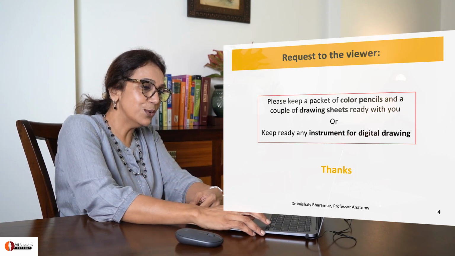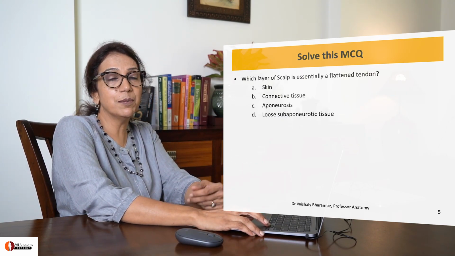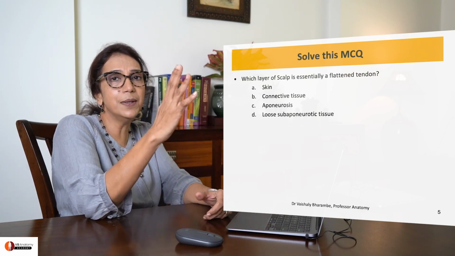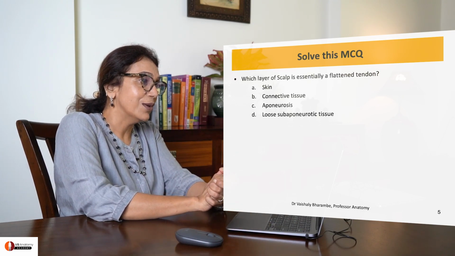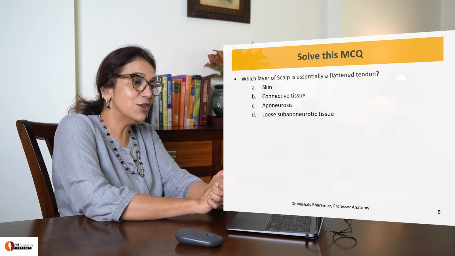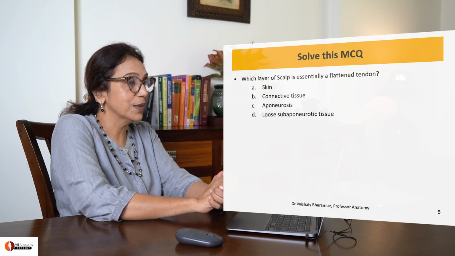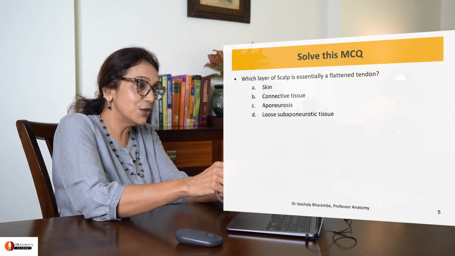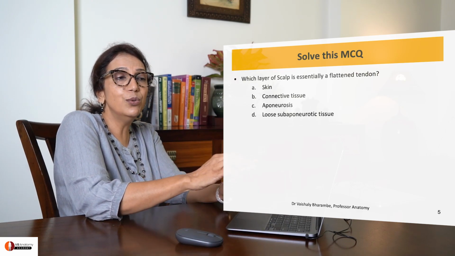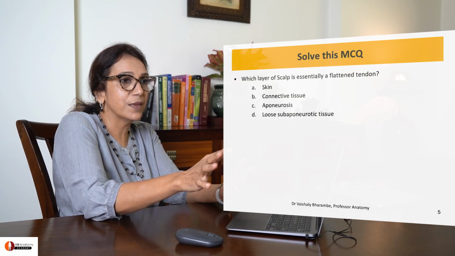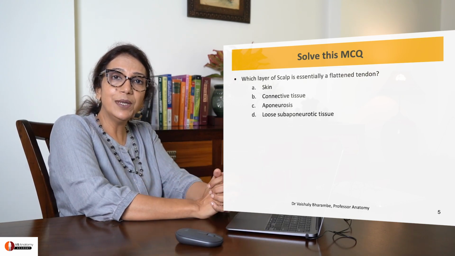So try and draw when I ask you to draw. Okay, thank you students. Let's dive into the subject by trying to solve an extremely simple MCQ. Okay, so which layer of scalp is essentially a flattened tendon? Is it skin? Is it connective tissue, aponeurosis, or loose subaponeurotic tissue? Many of you probably know the answer.